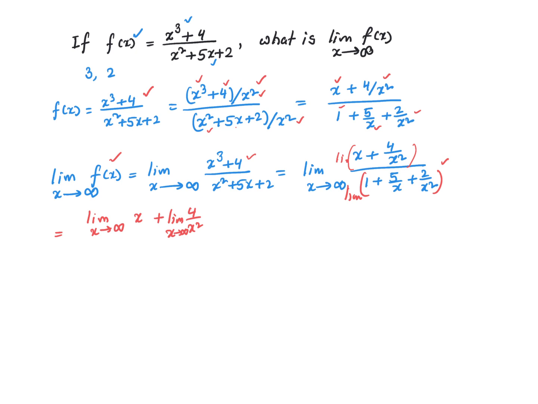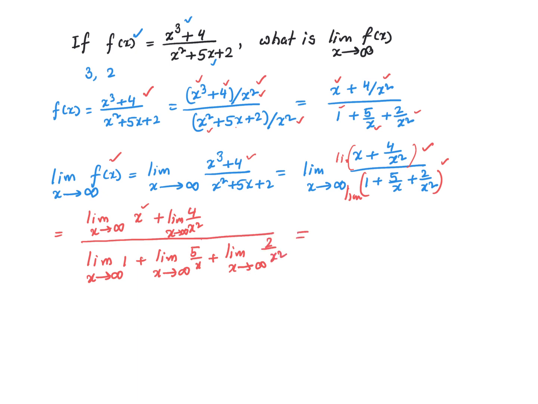Then, using the addition rule, I can break down the numerator into the limit of x plus the limit of 4 over x squared. Similarly, in the denominator, I can break it down to the limit as x approaches infinity of 1, plus the limit as x approaches infinity of 5 over x, plus the limit as x approaches infinity of 2 over x squared.